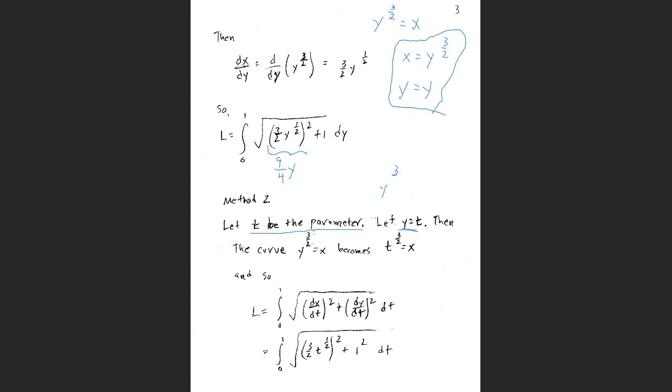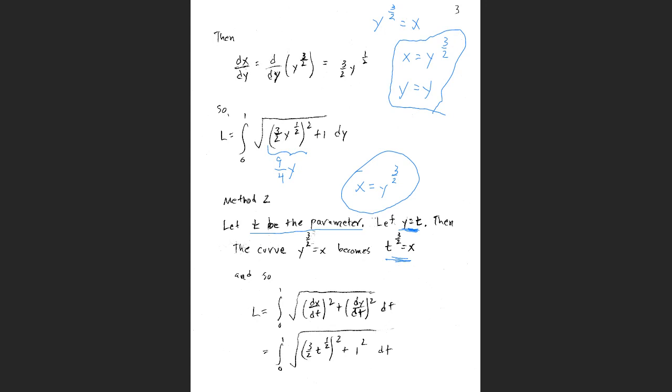The reason I'm saying let y equal t is because in regards to our curve, where x equals y to the 3/2 power, it's natural to say that y is the independent variable and x is the dependent variable. Well, I'm just going to let y be my parameter. I'm going to let y equal t. And so then the curve becomes x equals t to the 3/2.